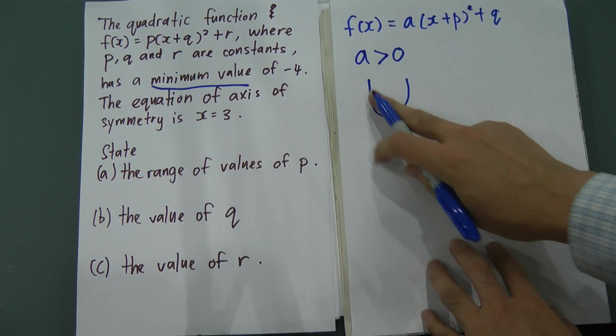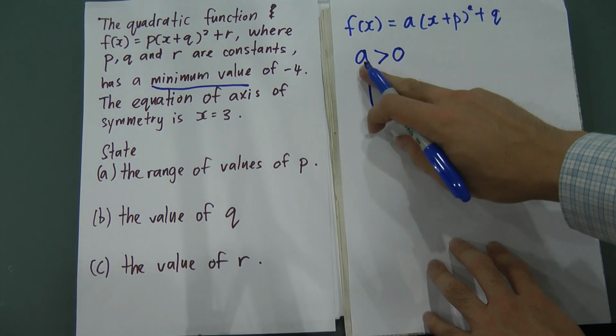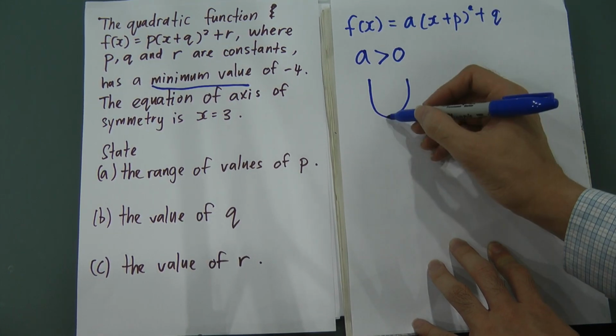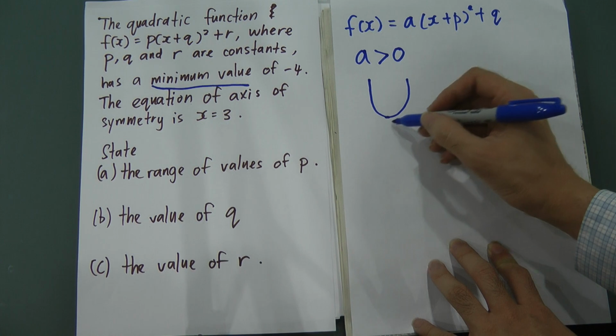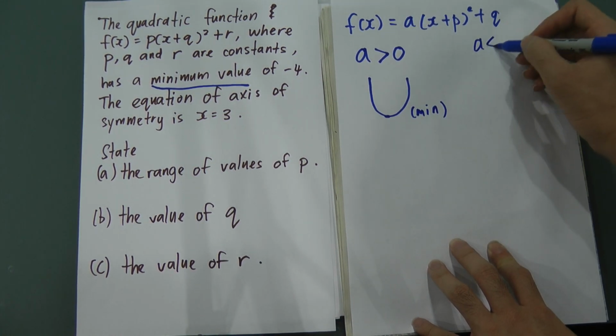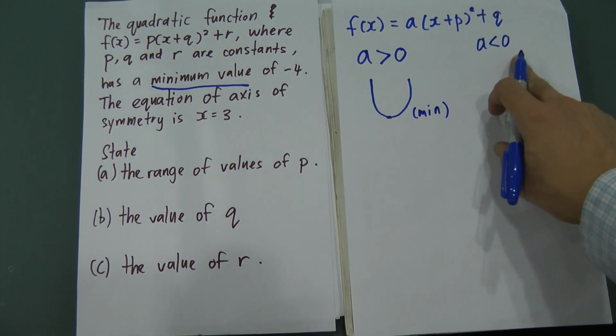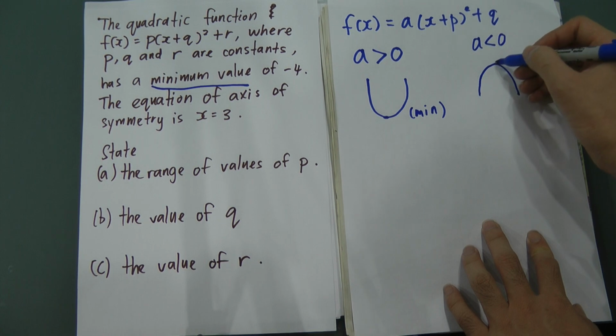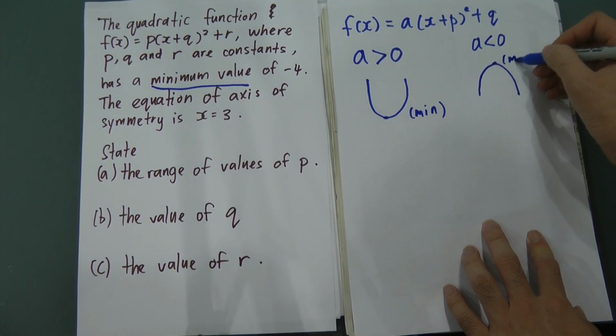This is the positive graph for a quadratic, and therefore you get the minimum point here. When a is smaller than 0, this is the negative graph, so you get a shape like this, and you get a maximum point.